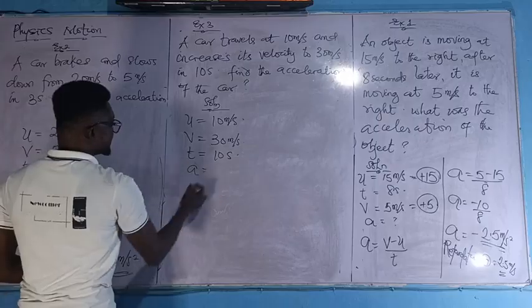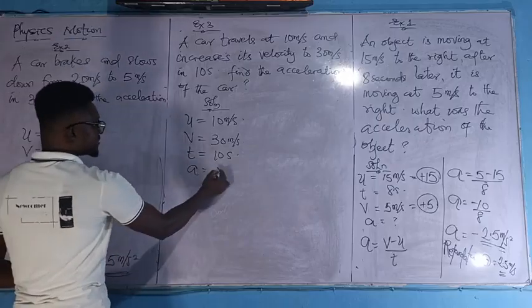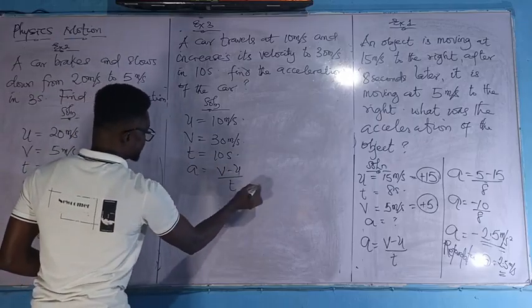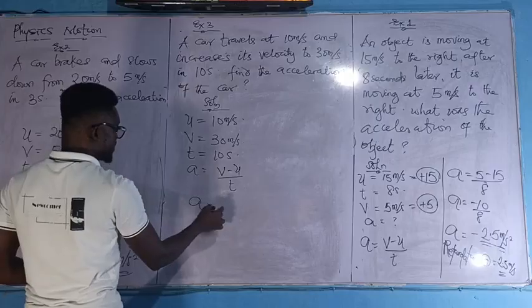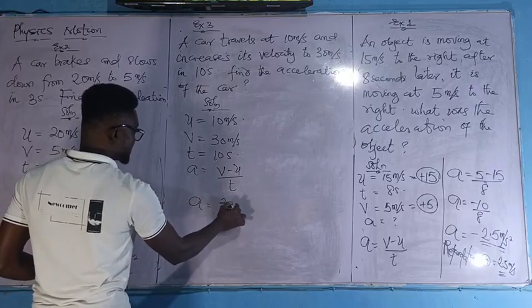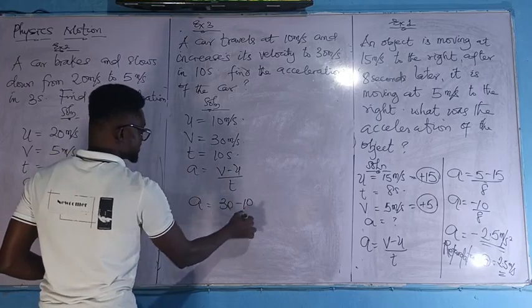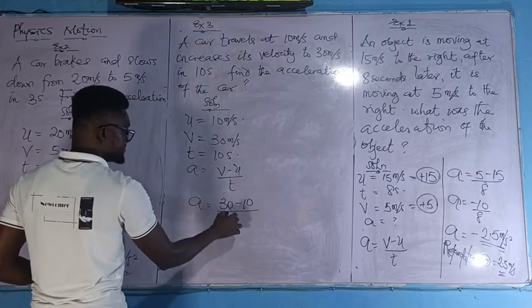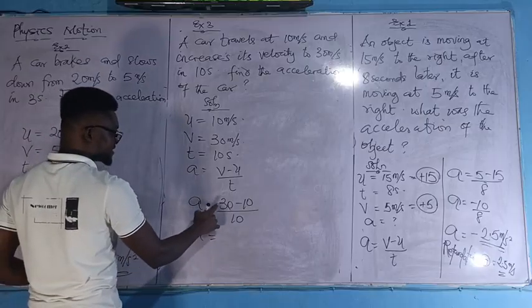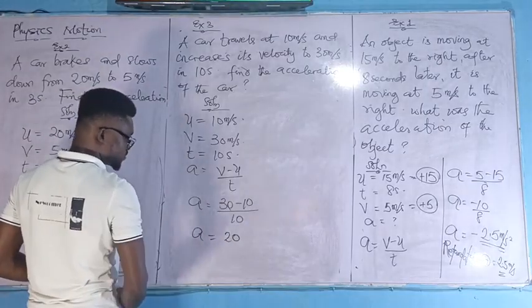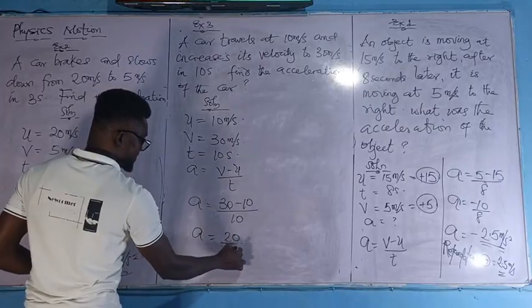So find the acceleration. Now acceleration is change in velocity all over change in time. So at this point we have a equals final velocity, 30, minus initial velocity, 10, all over time interval, 10. So acceleration is 30 minus 10, which will be 20, divided by 10.